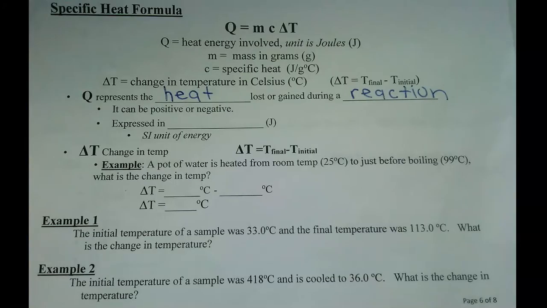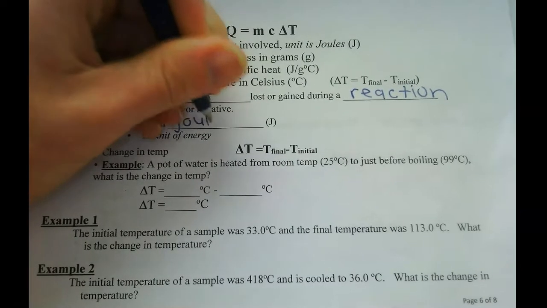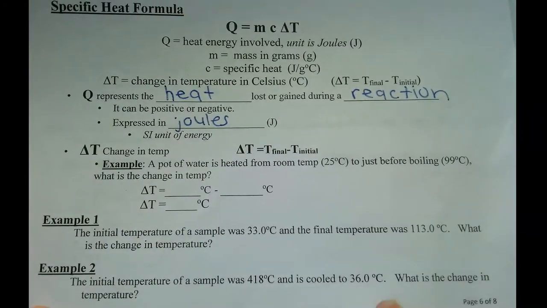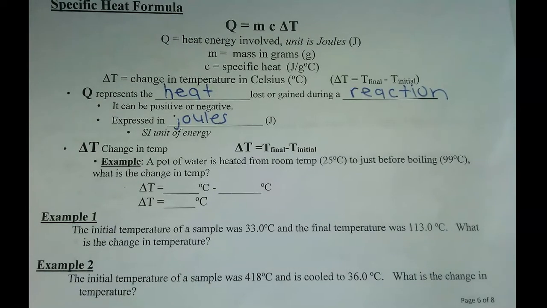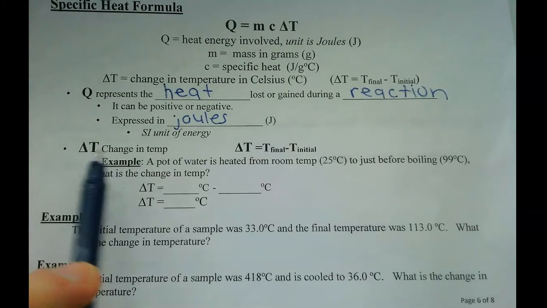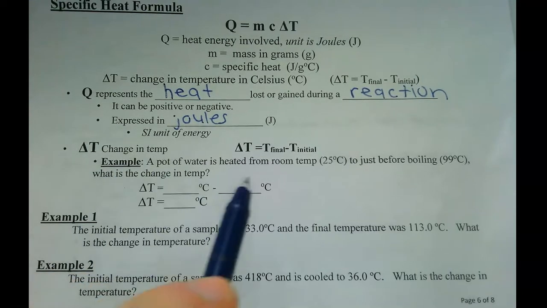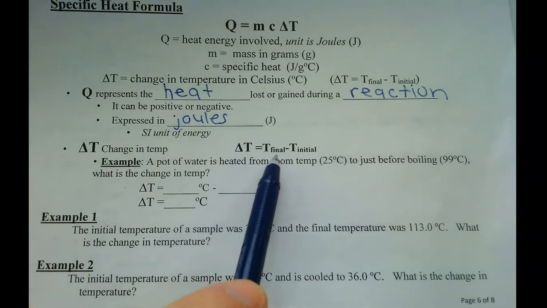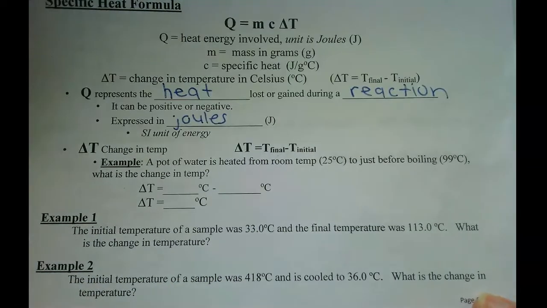It can be positive or negative and is expressed in joules. Joules is our SI unit of energy, so our standard unit. Delta T represents the change in temperature. This we calculate by doing our temperature final minus the temperature initial.